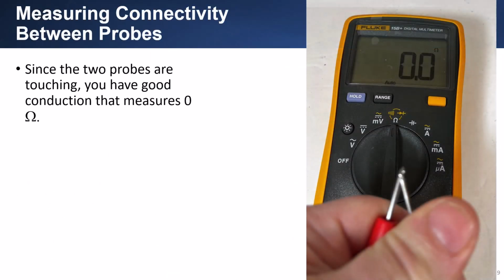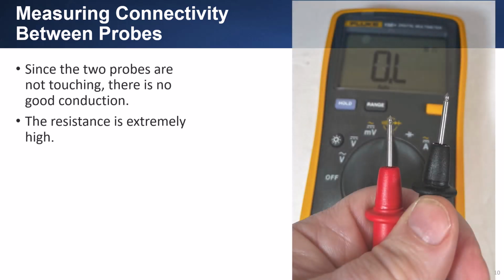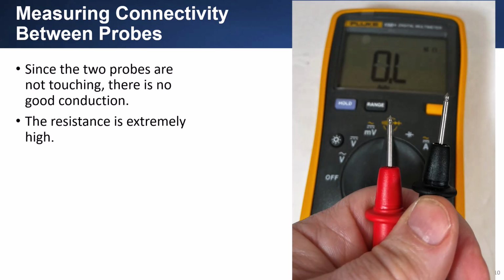When measuring when the two contacts are touching, you would expect good connectivity, which shows 0 ohms. However, when you have the two contacts apart, separated only by air, you do not have good connectivity. Therefore, you measure extremely high resistance.